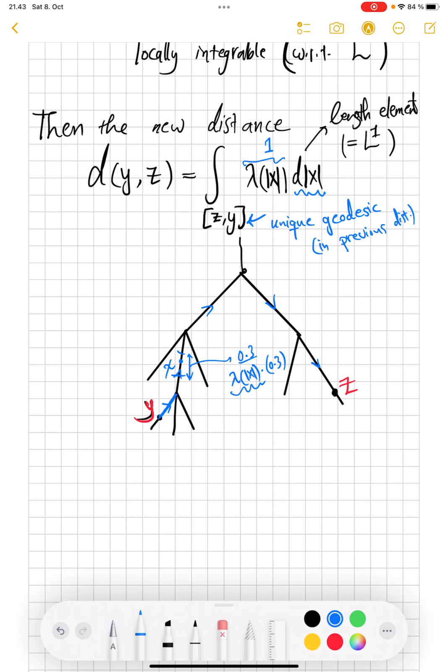So the local integrability makes sure that you actually get a finite value for these.